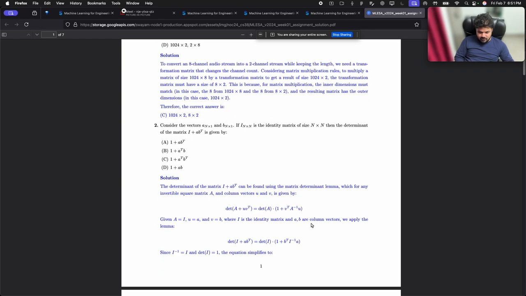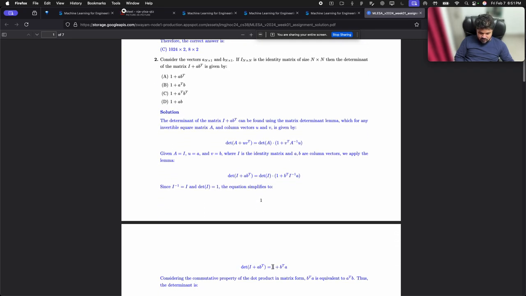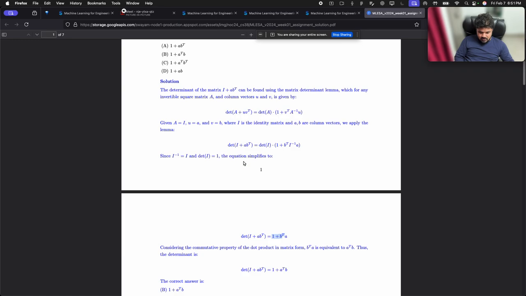This is the lemma. So if you put it here, the determinant of I is always 1, so this equation simplifies to B transpose A. Correct? And once you write in this format, you get this commutative property.